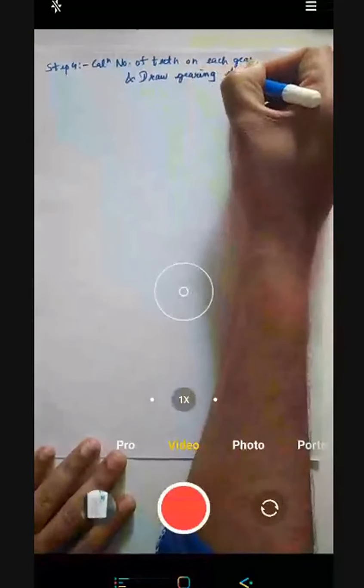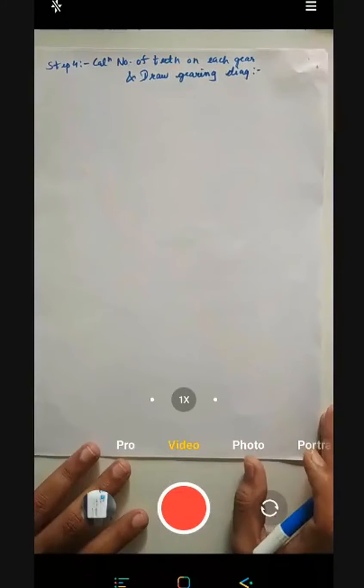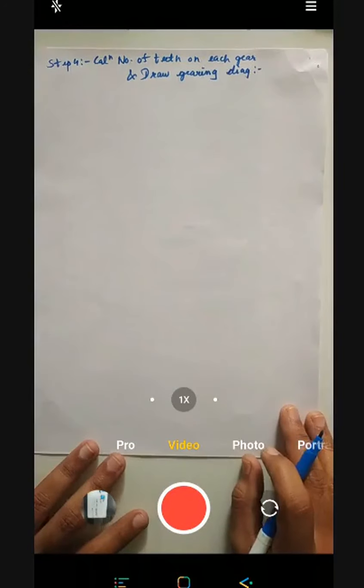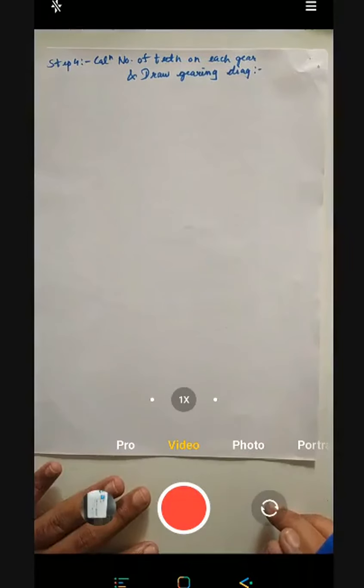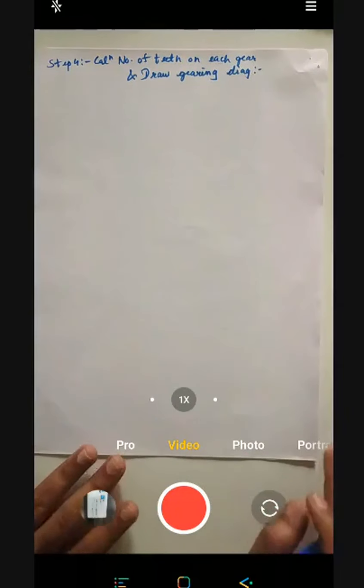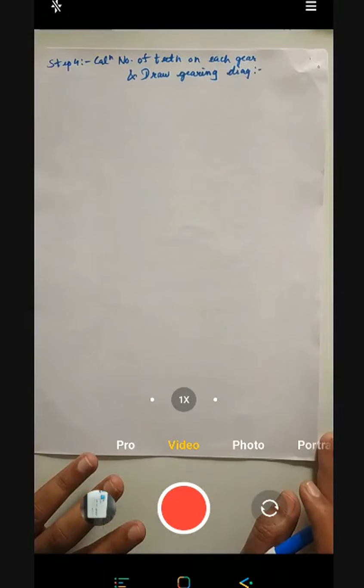You have to draw the gearing diagram only when it is asked to be drawn, right? And also calculating the number of teeth on each gear is to be done when it is asked to be calculated. So please see carefully what all we need to do.